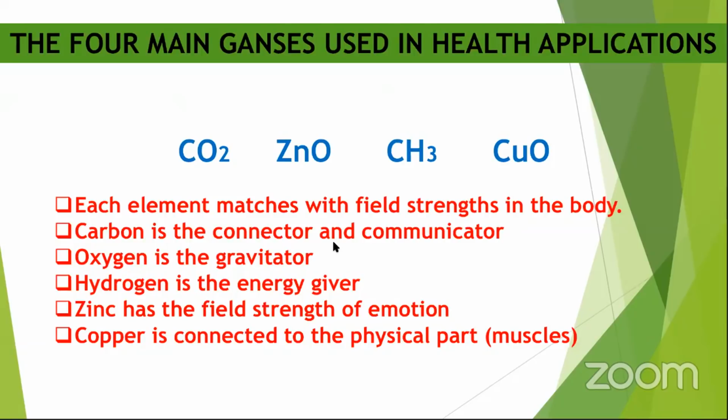The copper is connected to the physical part. Mostly, it works on the muscles, but it also has some other applications, like microstatic and microsite, used like antibiotics, helpful to control some infections. There are a lot of applications of these elements, but at least you have the basics of how to use it and understand the use of these elements.